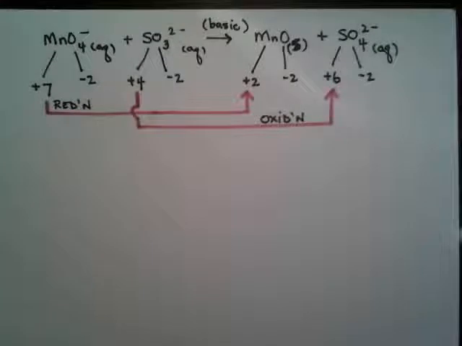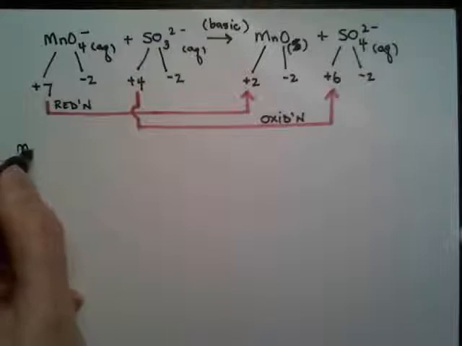And so manganese in the permanganate ion is the oxidizing agent. You see, it's an agent, so it's affecting the oxidation process in the other reagent. Alright, let's start with reduction this time.